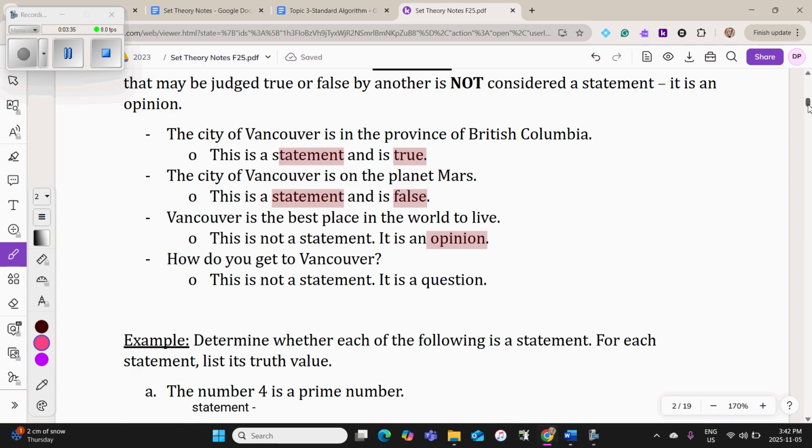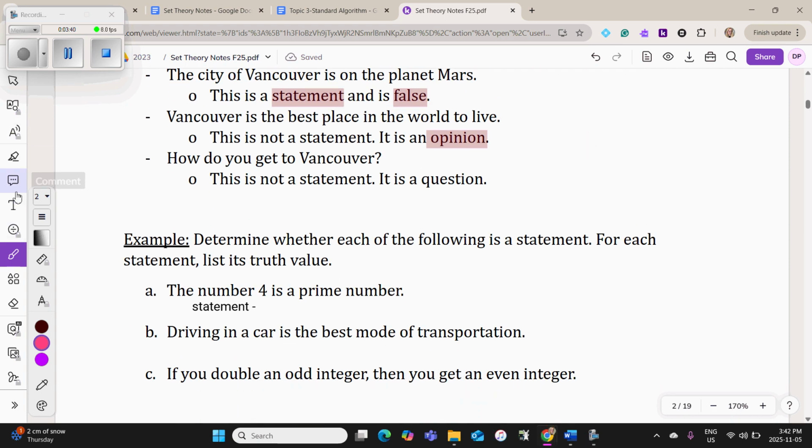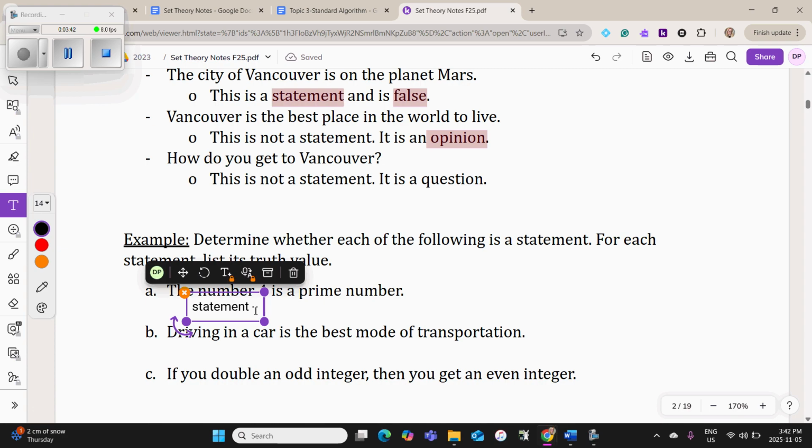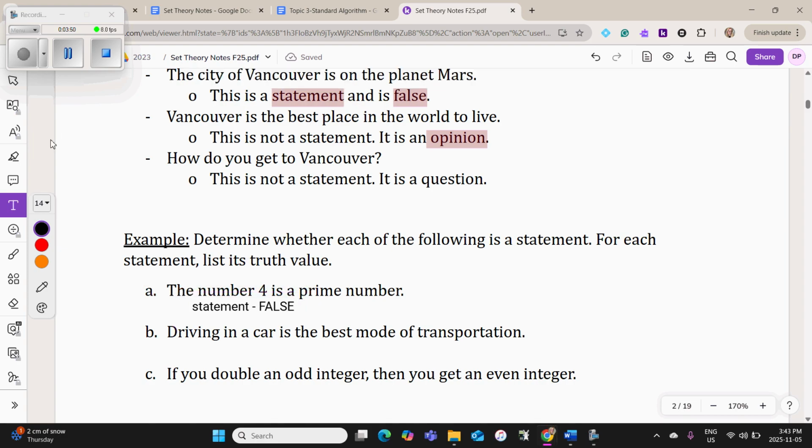So going back to this example, it said 4 is a prime number. This is false. The reason it is false is because 4 also divides by 2, not just 1 and itself. And just so you are aware, if it's not a prime number, it is the opposite.